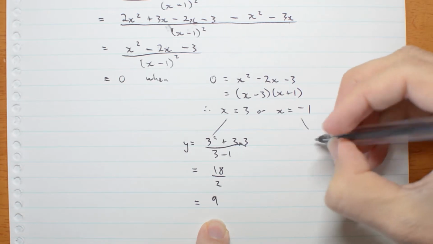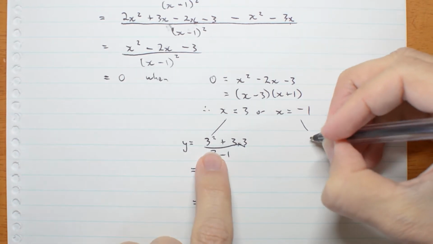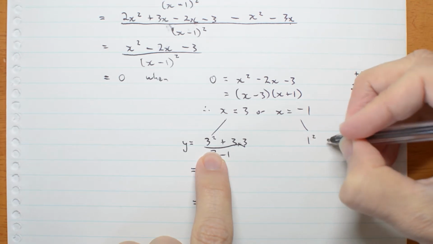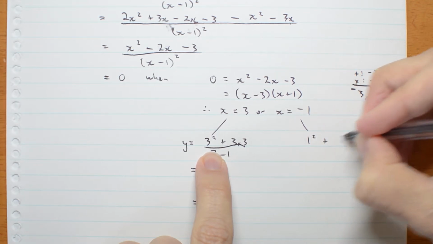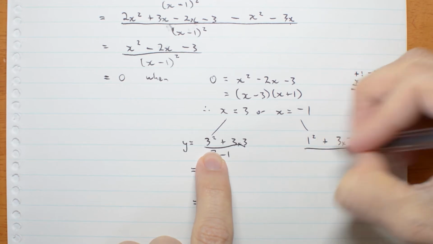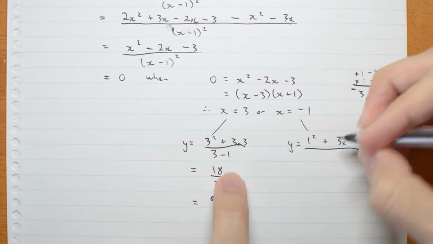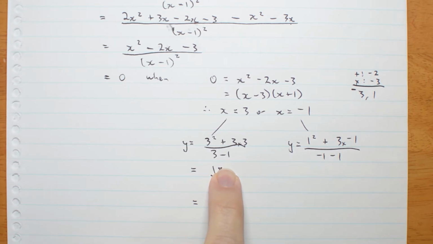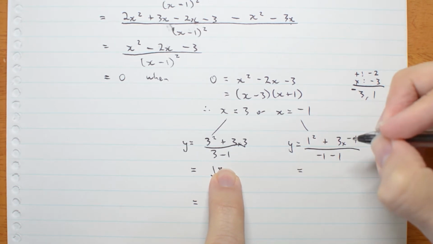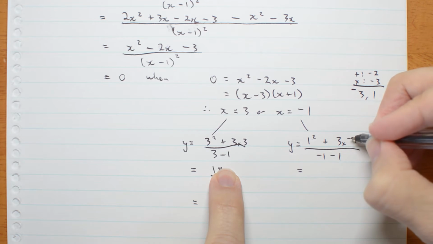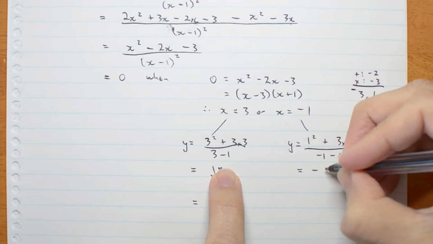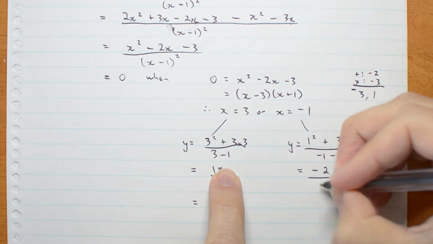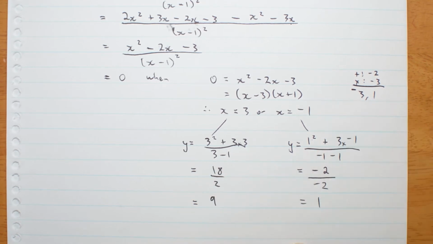And if x is negative 1, y equals, I have negative 1 all squared, which is the same as 1 squared, plus 3 times negative 1, over negative 1 take 1. Well, that is 1 take 3 is negative 2, over negative 2, which is 1.